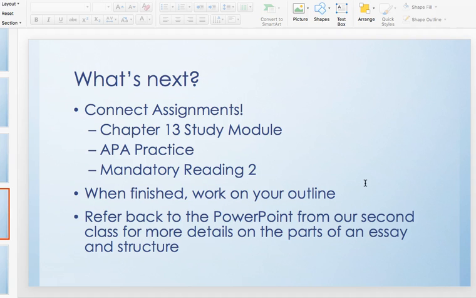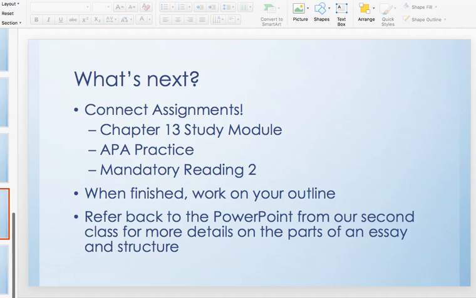And then refer back to the PowerPoint from our second class for more details on the parts of an essay and structure, because that will help you quite a lot as well with structuring your essay in terms of the introduction, your body paragraphs, and your conclusion.